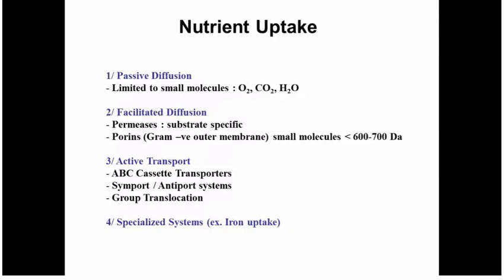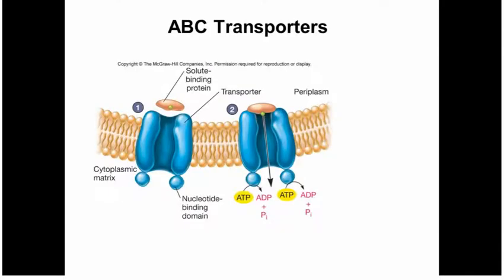Then the last thing we need to think about are specialized systems, particularly for iron and other metals. So ABC transporters. This is for ATP binding cassette. So these are transmembrane proteins. The import system has two components. One is a soluble protein in the periplasm, and this is the one that will bind whatever needs to be imported.